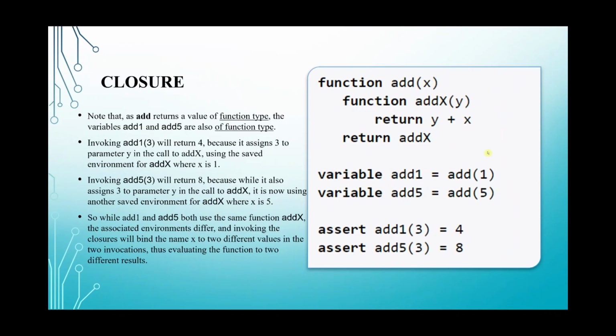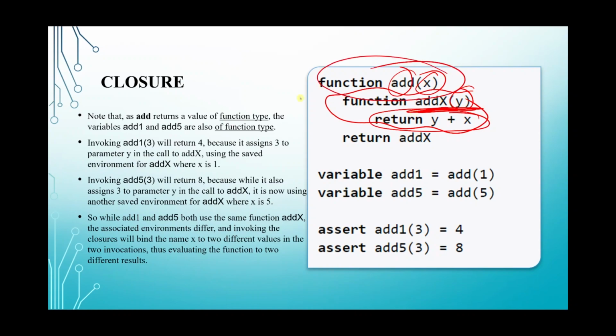Okay, we have a function called add that takes x, and we have an embedded function called addx that takes y. This specific function returns the result of the addition of y plus x. And the outer function eventually returns addx.